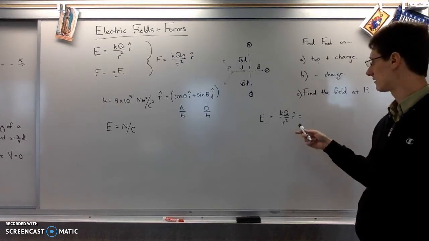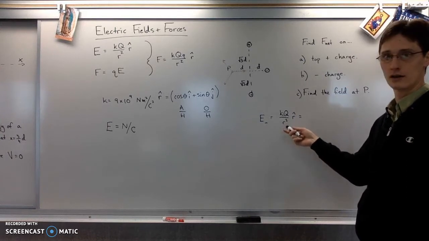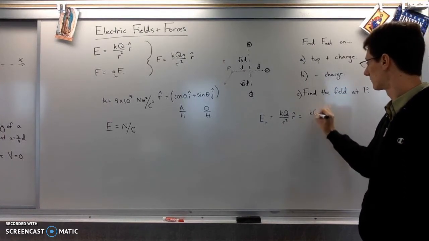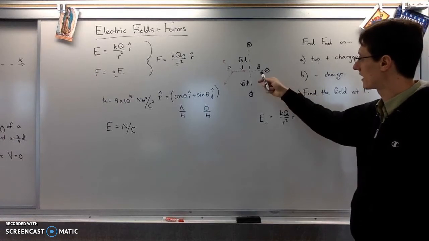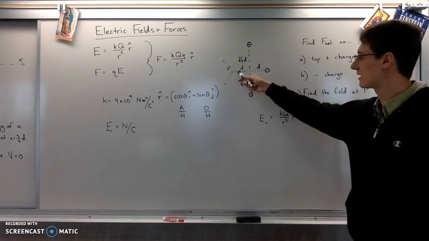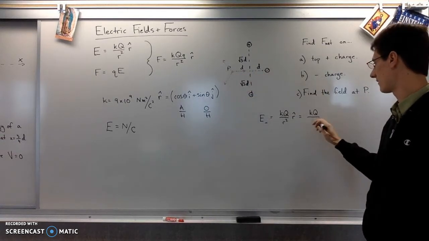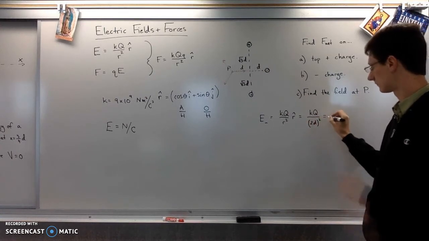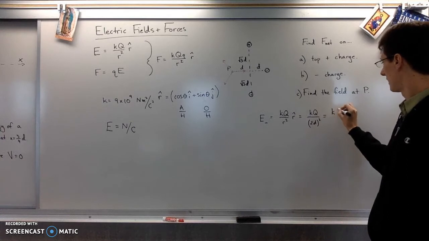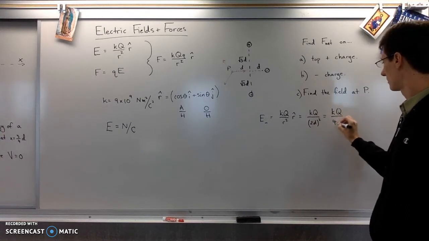So really all I need to do then is plug in what R is. Well, based on the diagram that I drew, if that's D and that's D, then this is 2D altogether. So 2D squared. That's going to give us KQ over 4D squared I hat.